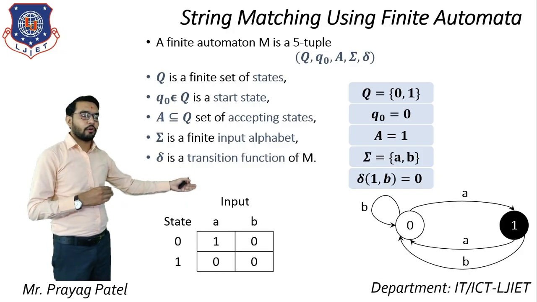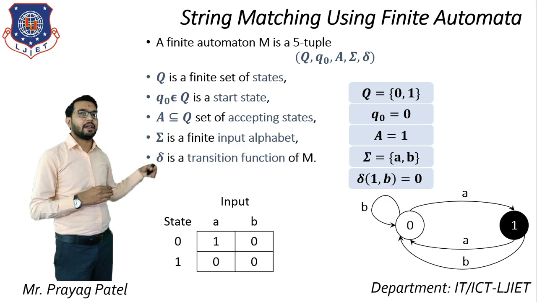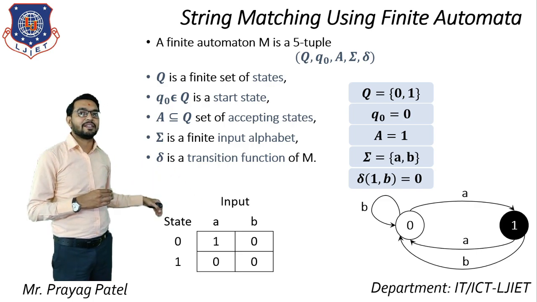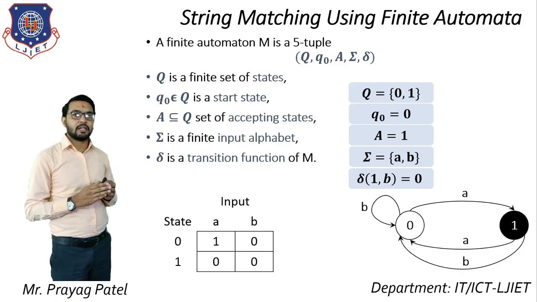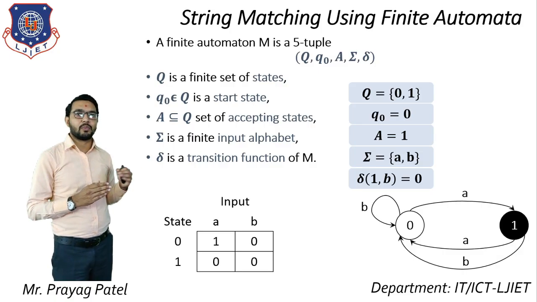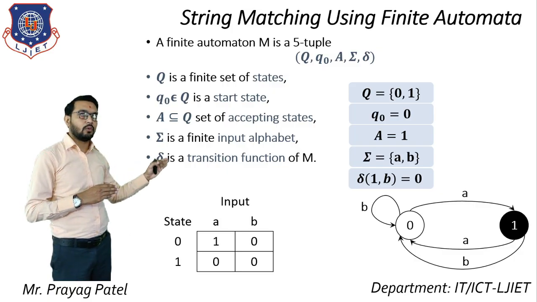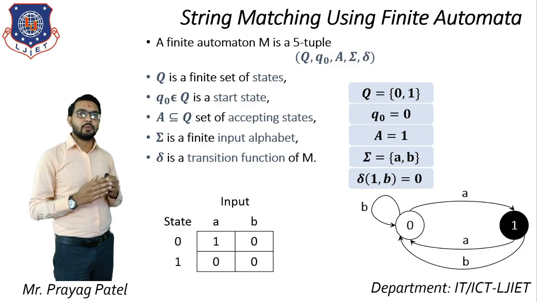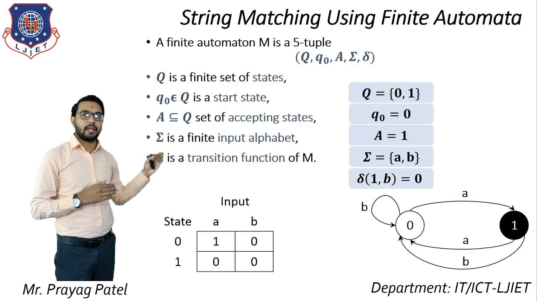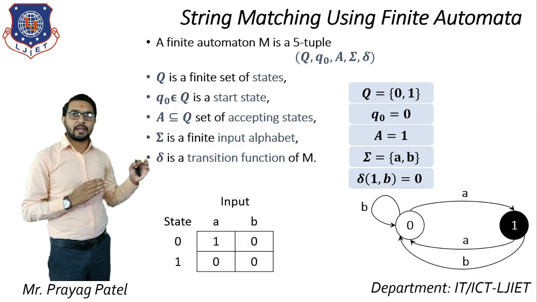Now according to your FA, you can represent the finite automaton using a transition table. In the transition table, the number of rows is the number of nodes, so 0 and 1 are the nodes. The columns are the inputs, so the columns are a and b.